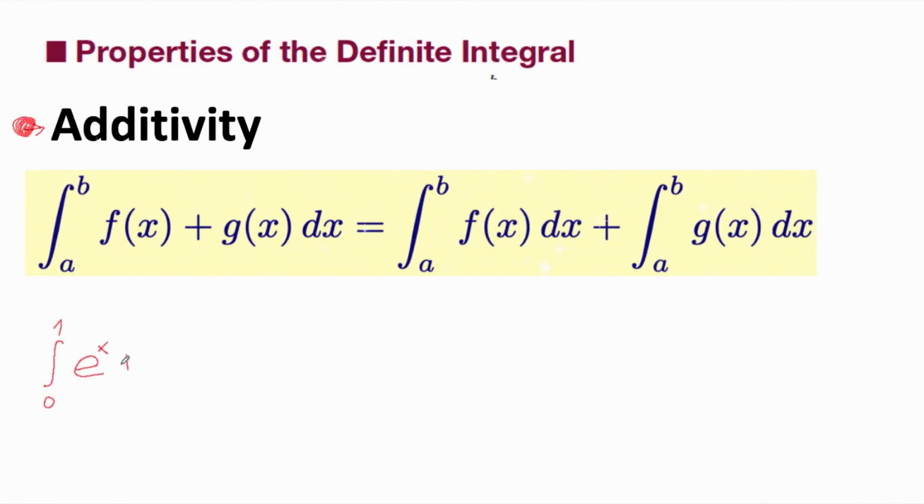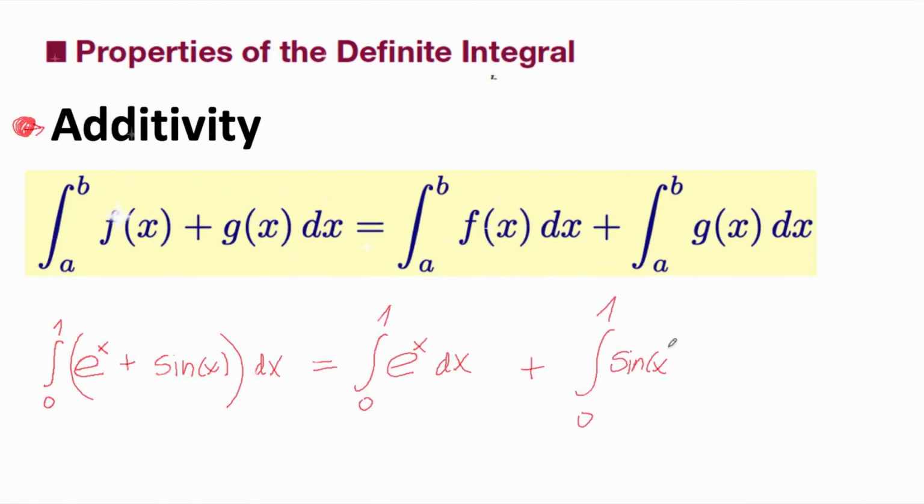Maybe one is the exponential function and the other one is the trigonometric sine function. Let's say I want to integrate this sum. That would be the same as the integral from 0 to 1 of the first function, the exponential function, plus the integral also from 0 to 1 of the second function, which is sine x dx.